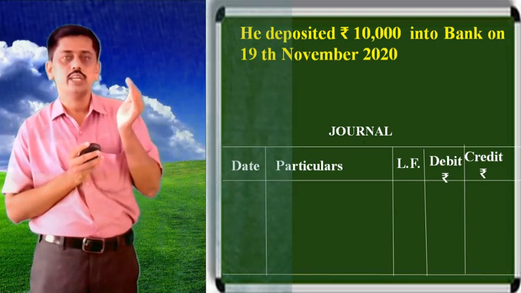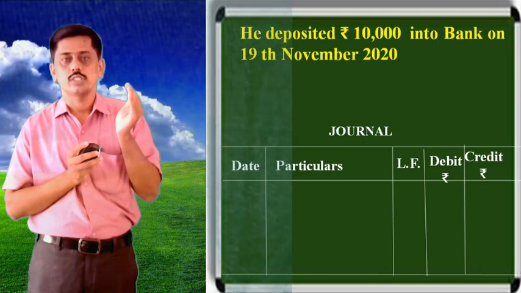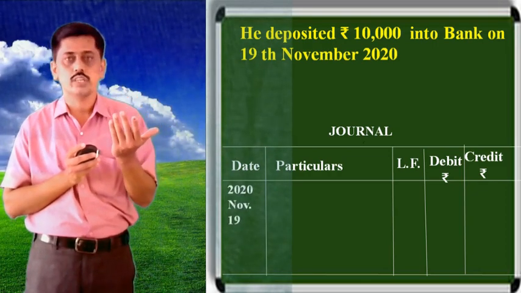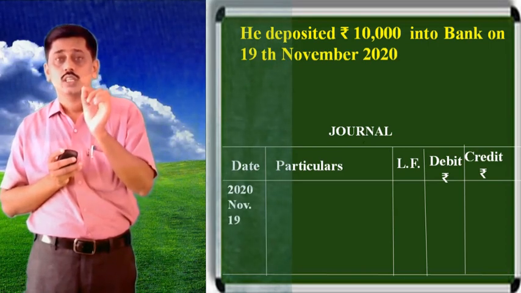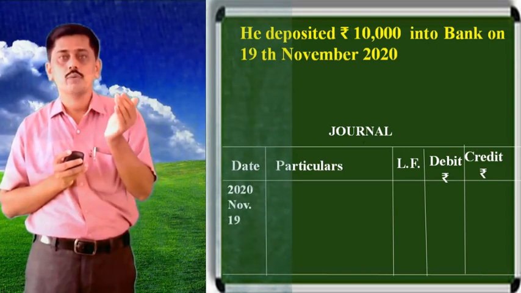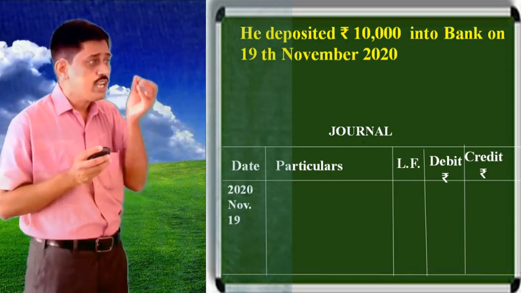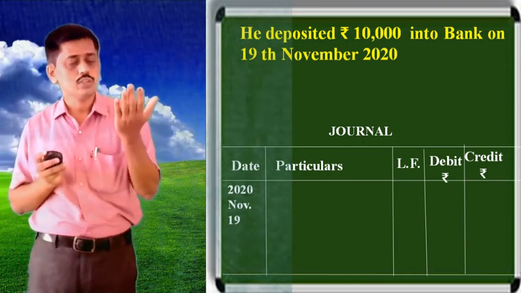First identify the two accounts involved. What are the two accounts involved here? One is the bank account and the other one is the cash account. He deposited cash, so cash account.